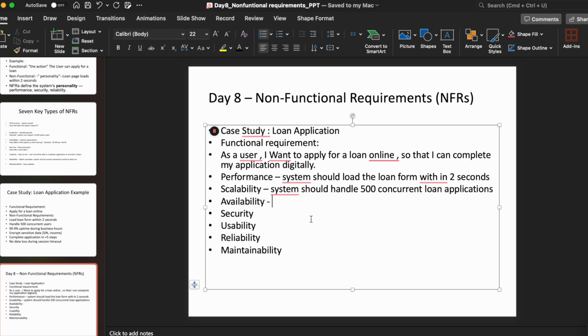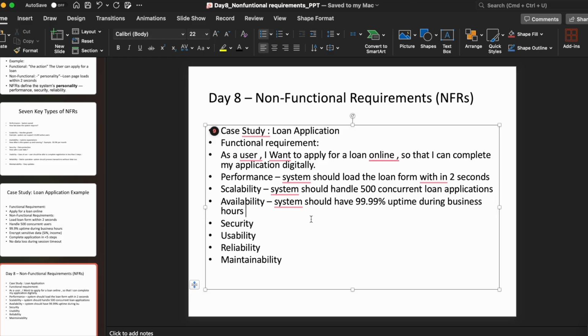Okay, so system should, all business wants to make it quick and fast, 99.9% uptime during business hours.